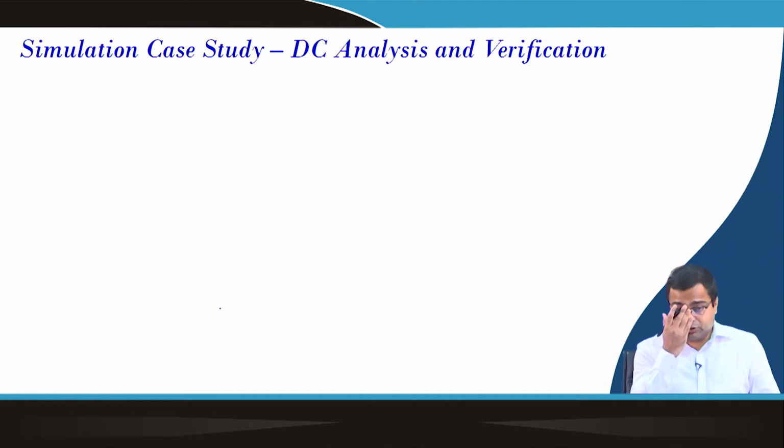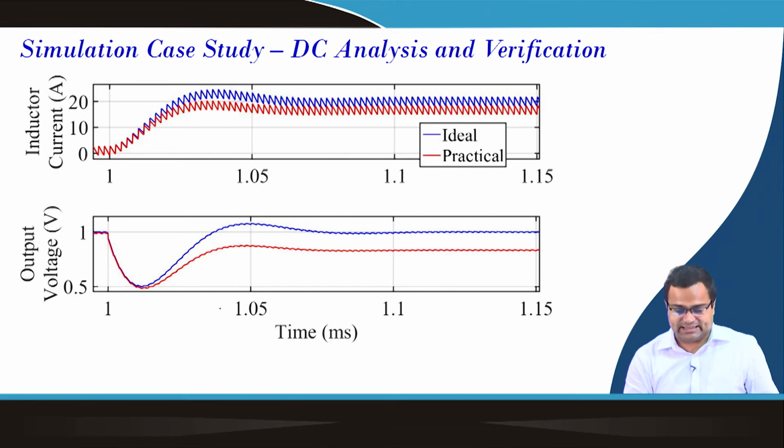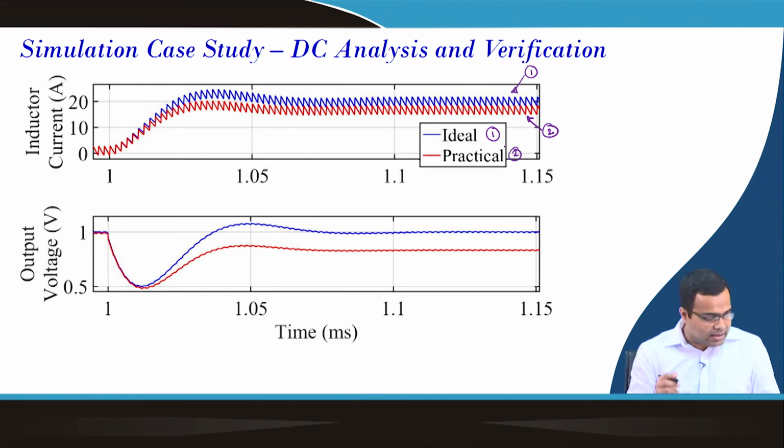Okay. Now I want to show a simulation case study. Here I am talking about an ideal synchronous buck converter and a practical synchronous buck converter, where the blue trace is the ideal one, and the red one is the practical one, which is number 2. What is my operating condition?